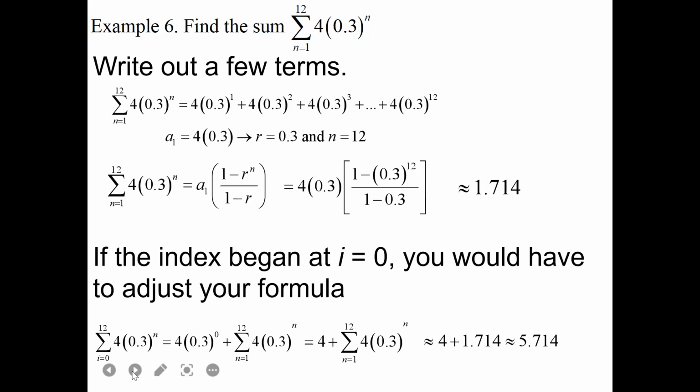Our first term here is 4, because 0.3 raised to 0 is 1, since any number raised to 0 is 1, times 4 is 4. So we just need to add 4. We know that from 1 to 12, the summation is 1.714. So we just add. Therefore, the summation of 4 multiplied by 0.3 raised to n from 0 to 12 is approximately 5.7.